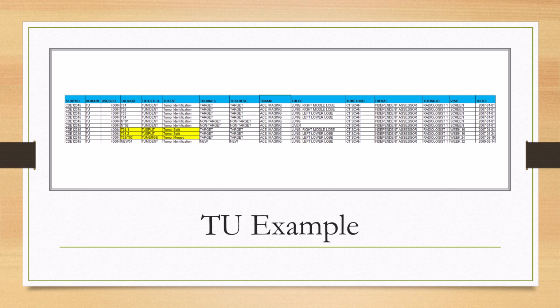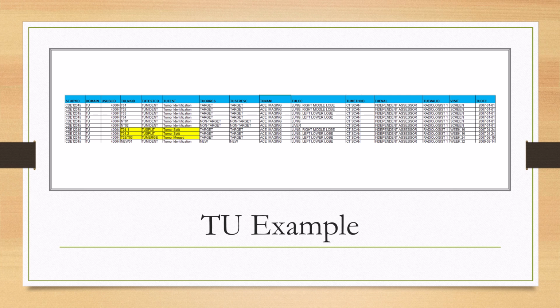Since these were target tumors, the link ID has been provided in such a format that the T part of the link ID is used to identify that this is a target tumor. If you notice the next 2 records, which are for non-target tumors that were also identified at the screening visit, since these were non-target tumors, the link ID has the initials NT to differentiate these 2 non-target tumors from the target ones.